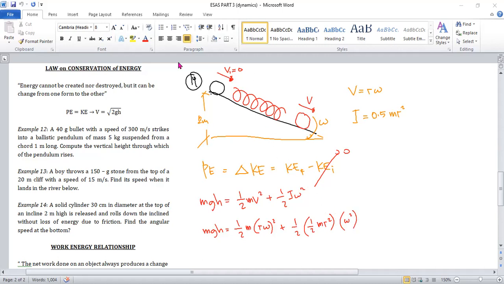Let's try to find out which variable can be cancelled out. So we can cancel out m at the same time.